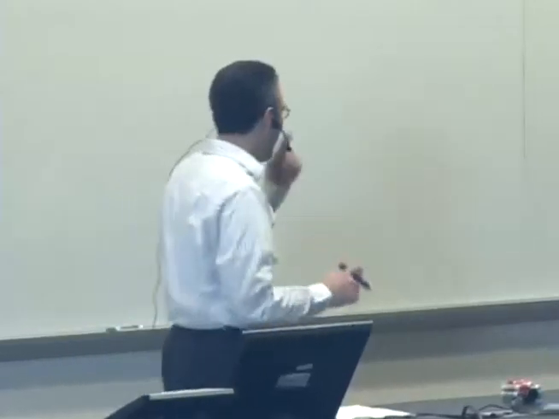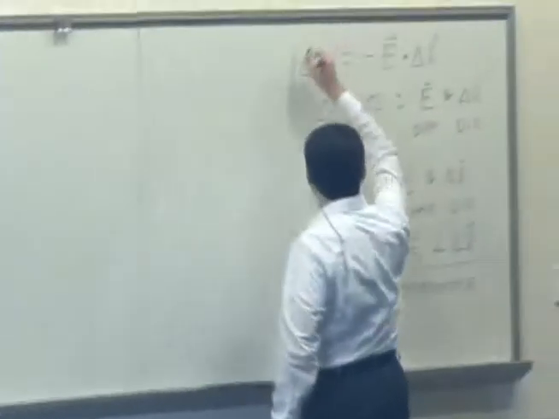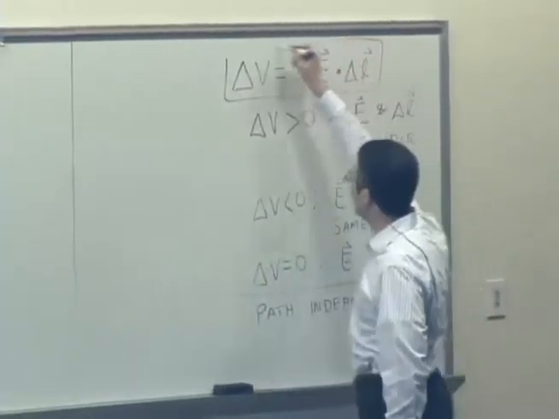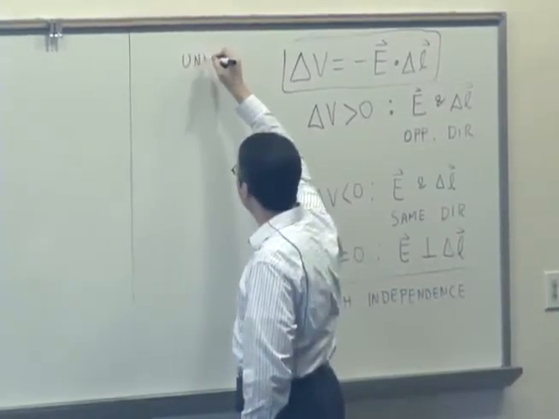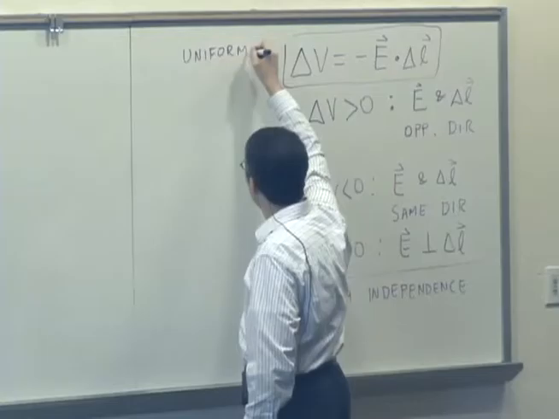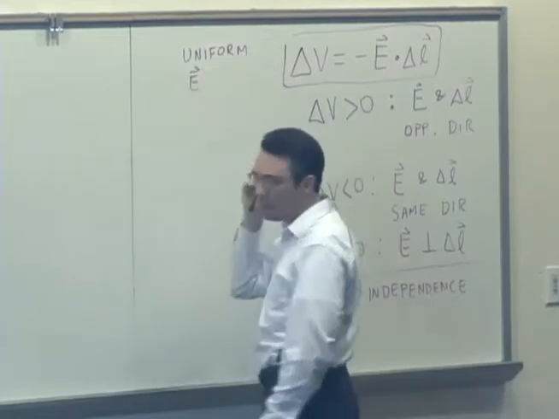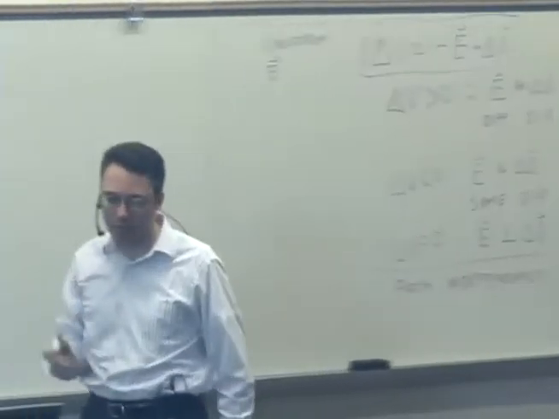And this relationship between delta V and the electric field really only is for the case of a uniform electric field, something that's constant in magnitude and direction. So what we want to now talk about is what happens if the electric field is not uniform, if the field is actually changing along different parts of the path.